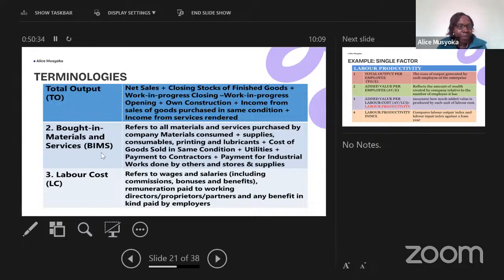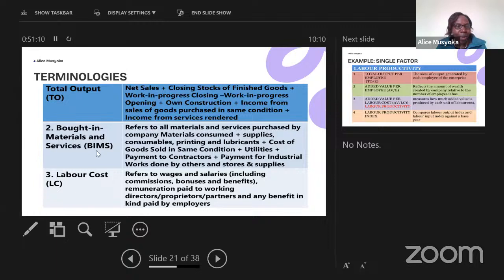And then the BIMS, what we are calling brought-in materials and services, refers to all materials and services purchased by the company and materials consumed, plus supplies, consumables, printing and lubricants, plus cost of goods sold in same condition, plus utilities, plus payment of contracts, plus payment for industrial work done by others, and stores and supplies.